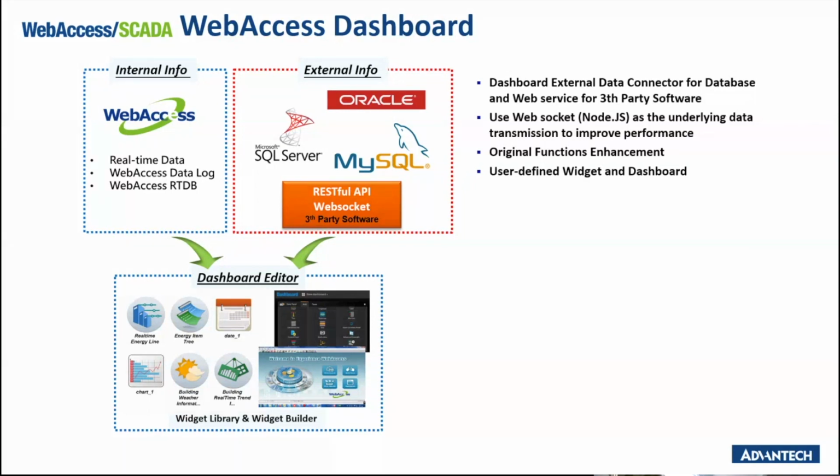For the external database, which refers to a third-party database such as Microsoft SQL Server, Oracle, or MySQL, the dashboard has the option to pull information from those servers as well to display on the dashboard. The key thing to take note of is that upon creation of your project node per WebAccess server, you can set the default database to the WebAccess real-time database while having certain IO values stored within your third-party database, or you can do it the other way around.